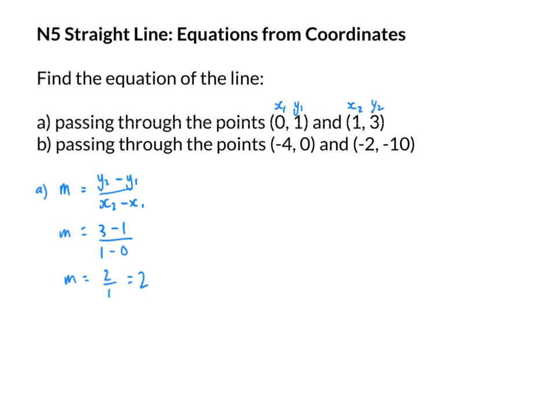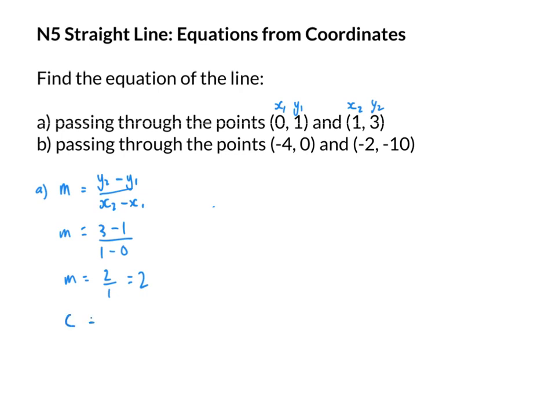Taking a second and looking at both of the points we've got, we can see that this one, (0, 1), is a point along 0, up 1. It is a point on the y-axis. So this means I know my y-intercept.